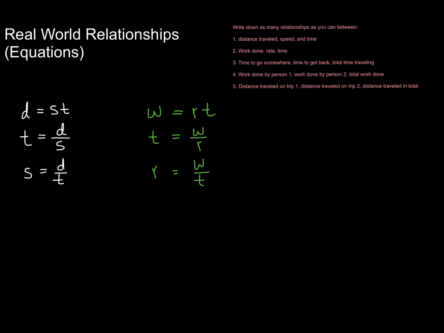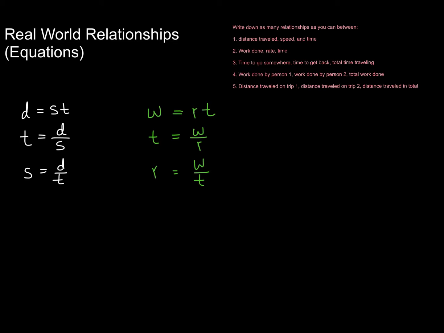Let's come up with an example in context that you could write down that would help you to remember this relationship. Let's say that the work that we're doing is we're laying bricks. And let's say that I can lay 7 bricks per minute. Well, that would mean that if I worked for, say, 10 minutes, I would be able to lay 7 times 10, or 70 bricks.